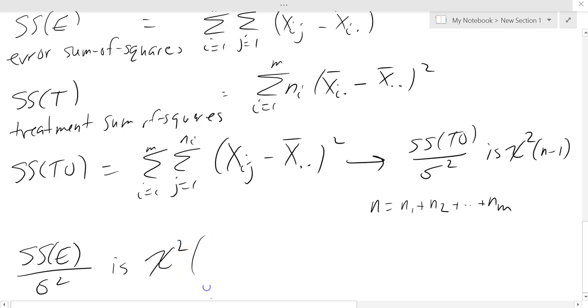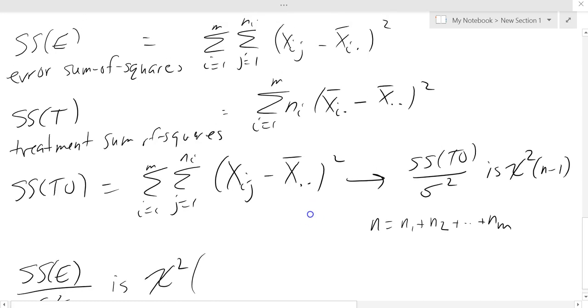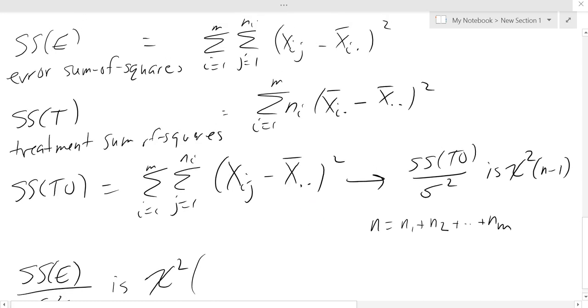Now I've got to figure out the degrees of freedom. Well, go back up to that. If I cover up this part, again, divide it by sigma squared. So again, I'm up here, right? That gives me chi-squared of n sub i minus 1, right?